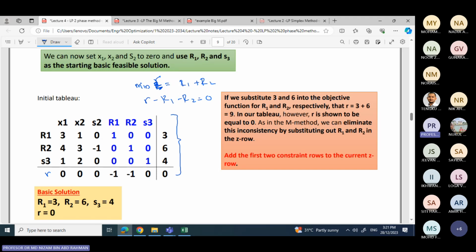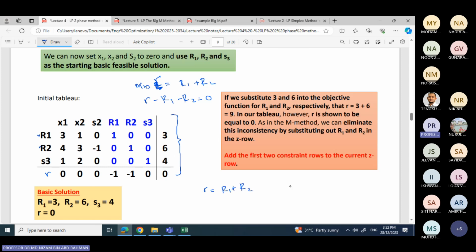Okay, there is a problem with this, because R1 and R2 are the basic solution for this table, but the coefficients of R or Z here are minus 1 and minus 1. They should be 0, right? If I substitute, R equals R1 plus R2.